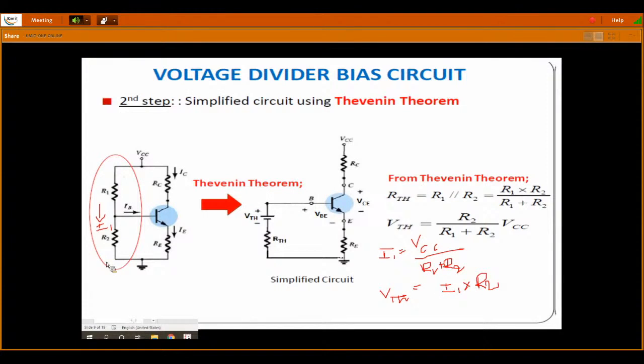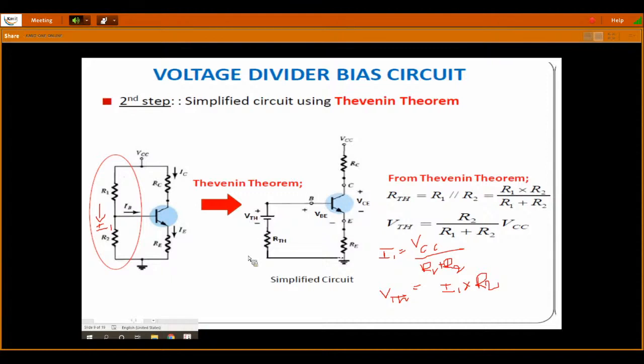Now we will replace this total input circuit with the voltage divider network as a single voltage source in series with a single resistance, the input resistance RThevenin. Hence, if we apply KVL in the input loop, it is easier to calculate the base current IB.